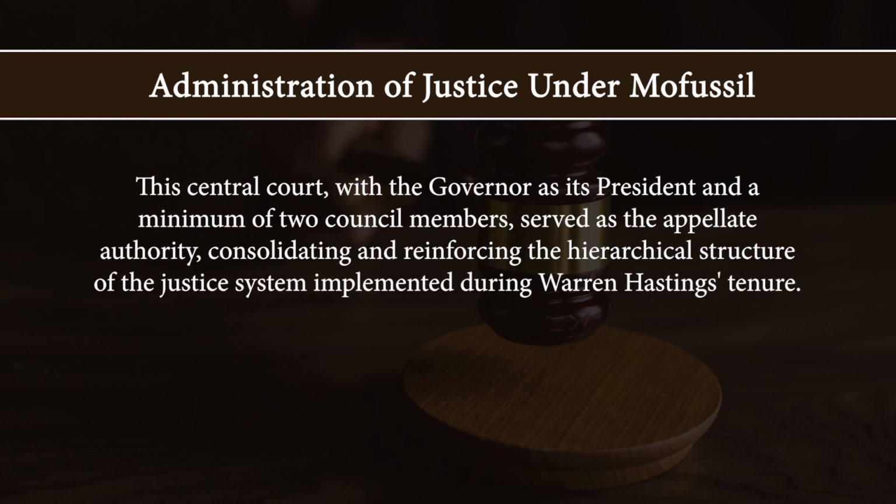This central court, with the governor as its president and with a minimum of 2 council members, served as the appellate authority, consolidating and reinforcing the hierarchical structure of the justice system implemented during Warren Hastings' tenure.